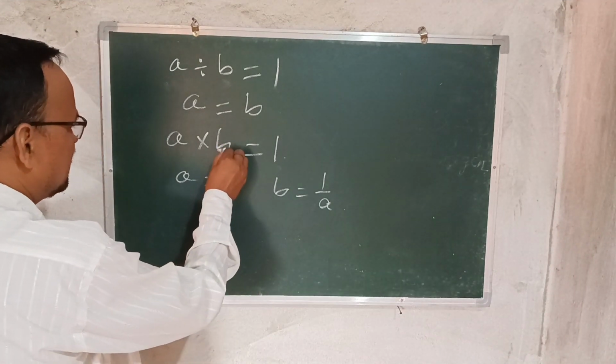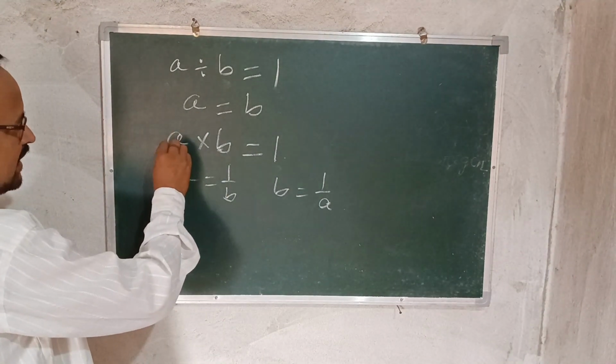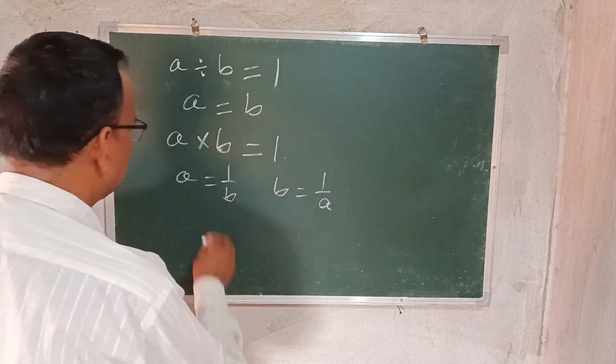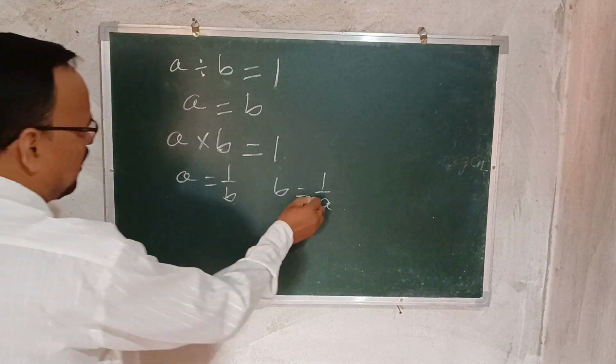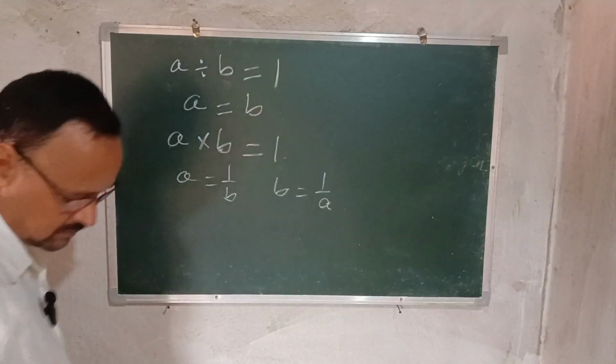B is the multiplicative inverse of A, then A into B is equal to 1.